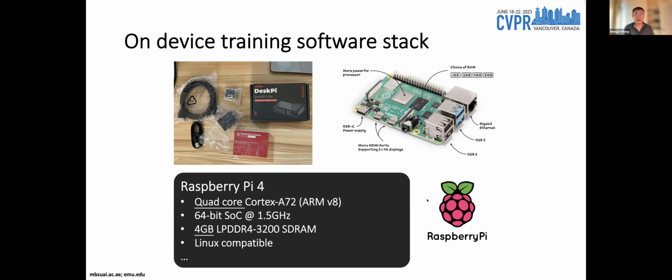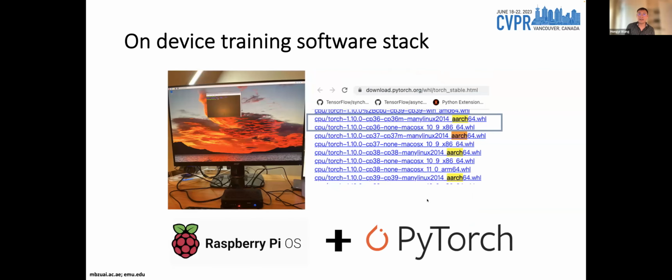So here is a Raspberry Pi. It's a quite famous embedded device for local processing or local computation. It comes with just CPU cores, actually 4 ARM CPU cores. However, it's way easier than we might have thought.